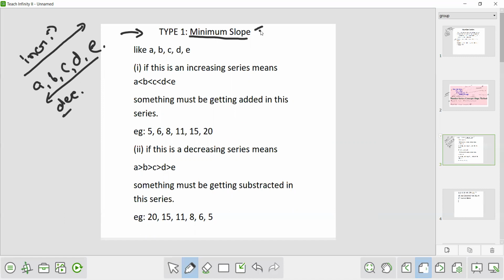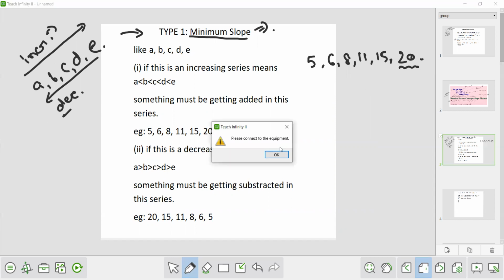What we try to find out in minimum slope: suppose the numbers are given in the form 5, 6, 8, 11, 15, 20. How do we recognize whether it is minimum slope, maximum slope or mean slope? We just look at the larger number. What is the larger number? 20. Just before that, 15.